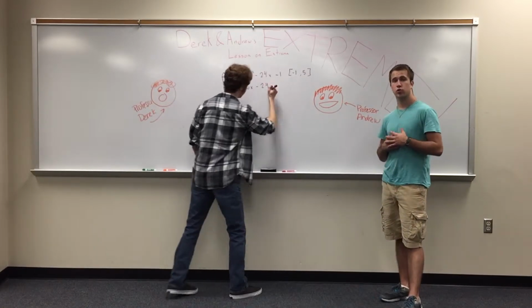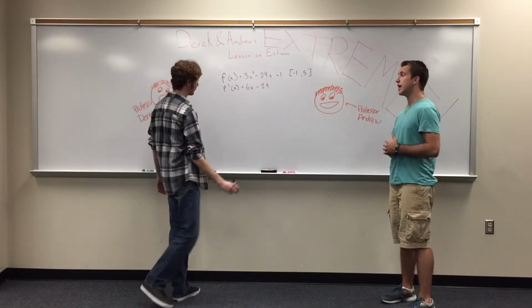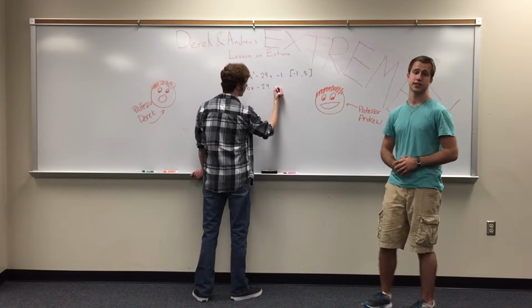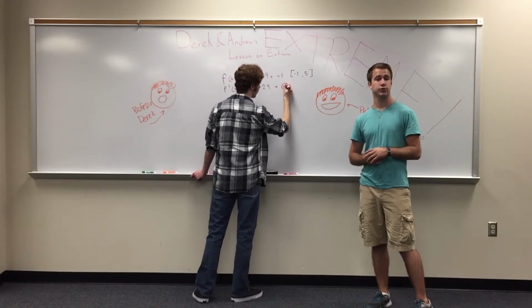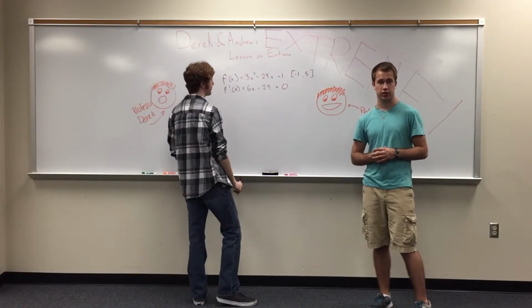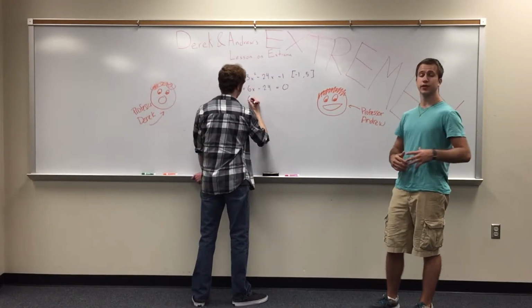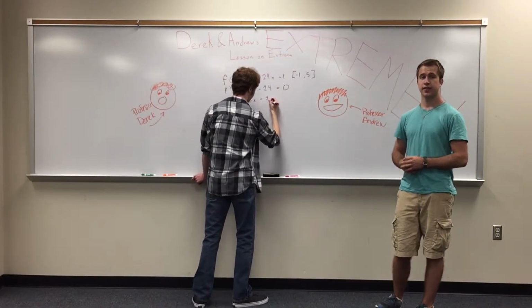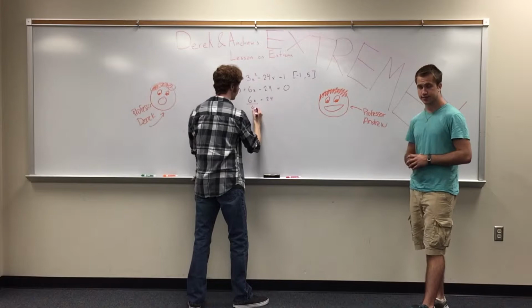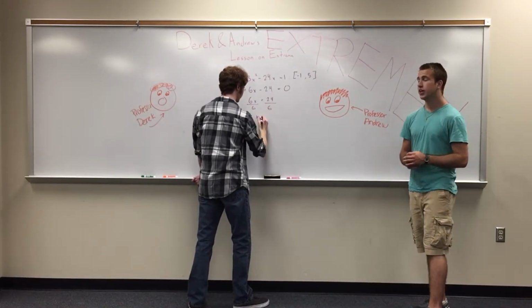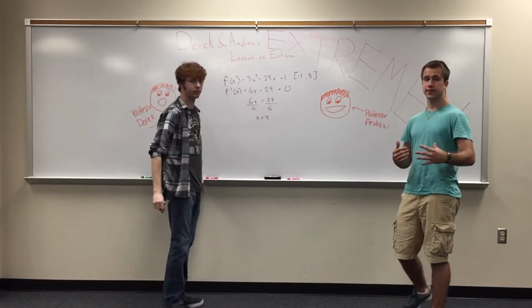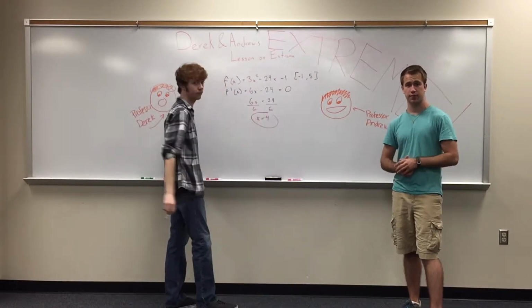After you differentiate, you get f prime of x equals 6x minus 24. Now, as we learned with critical points a few moments earlier, you set it equal to 0, bring the 24 to the other side, then divide both sides by 6. After doing all that, you get x equals 4. So this value is the critical point that we learned about moments ago.